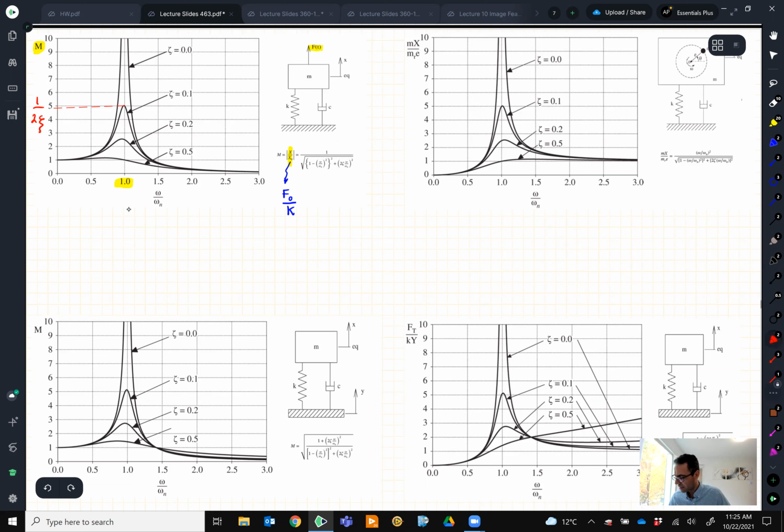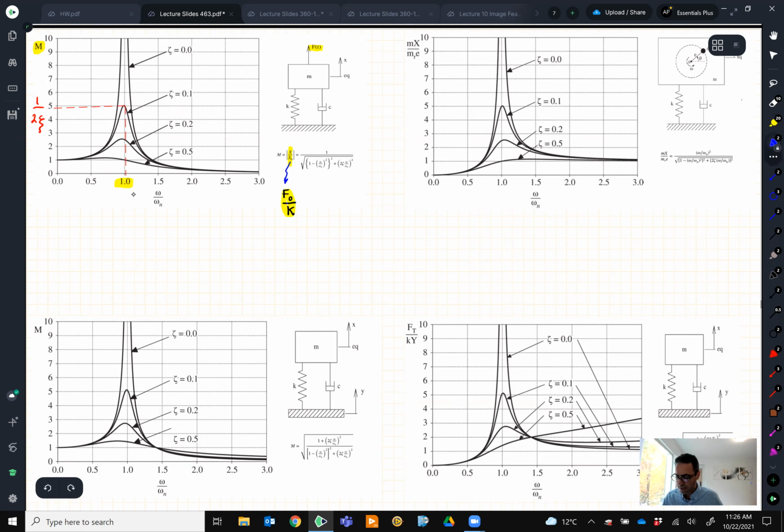And it is happening at omega over omega n equal to 1. Again, it's slightly before 1, but because it's very, very small, usually with small dampings, we just pretend it is at 1. And X0 is F0 divided by K.